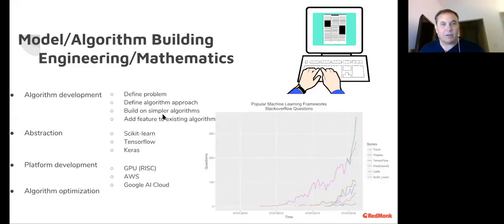Okay, so another part of algorithm building is this abstraction process, which is probably one of the things I like the least. However, it's life, so I have to get on with it.